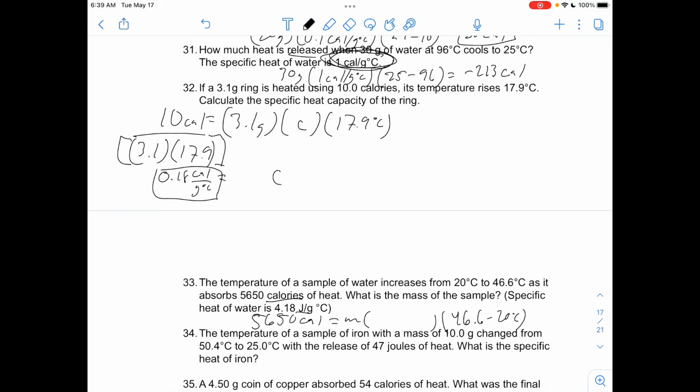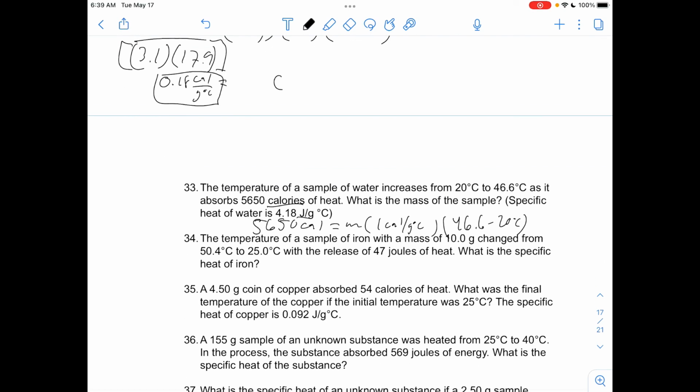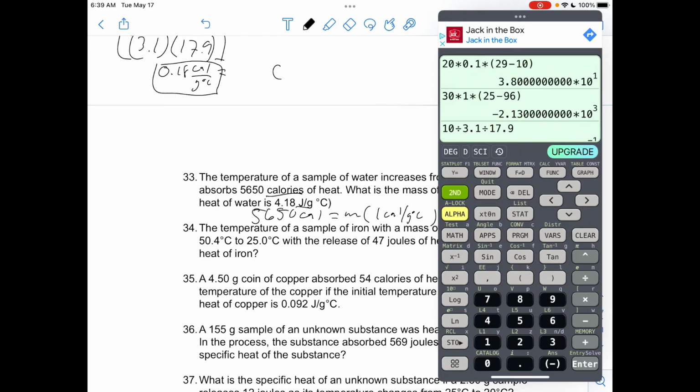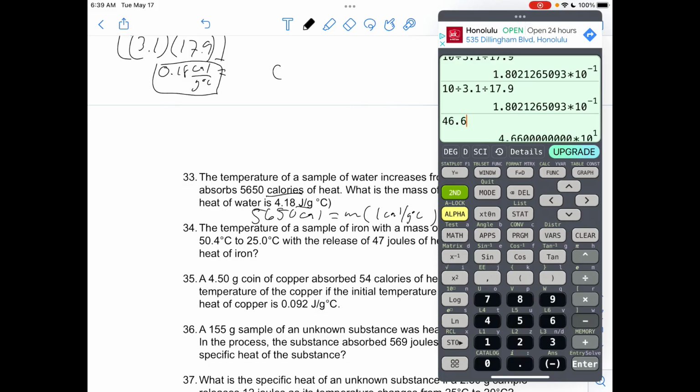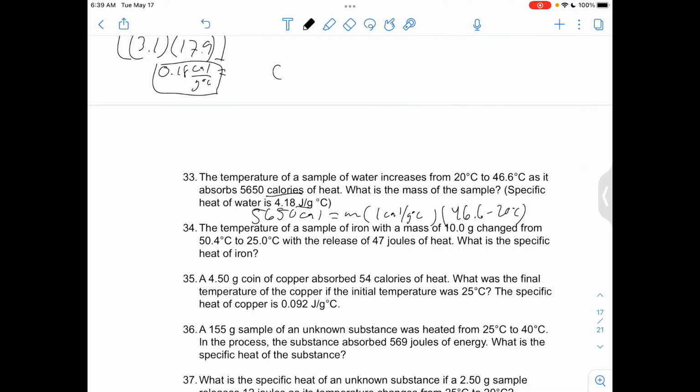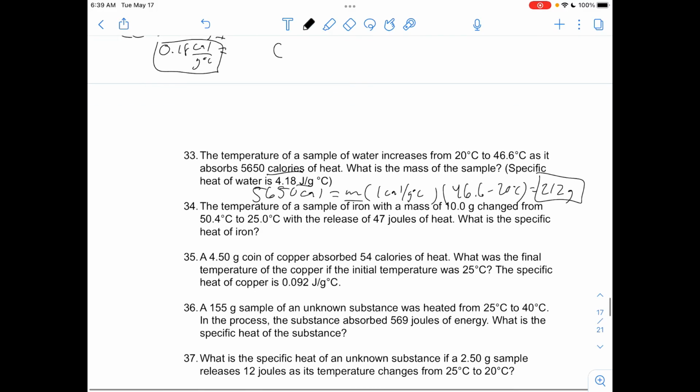I'm going to change that out. Again, solve for mass. So I'm going to do 46.6 minus 20, times 1, and then 5650 divided by that number. Don't get that mixed up because I'm solving for m. Got to get m by itself. So 212 grams, since we're solving for mass.